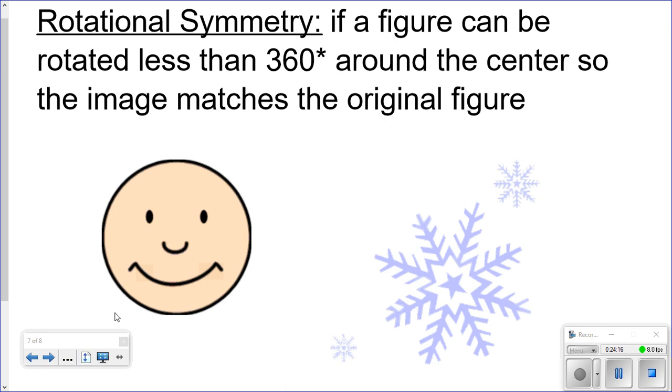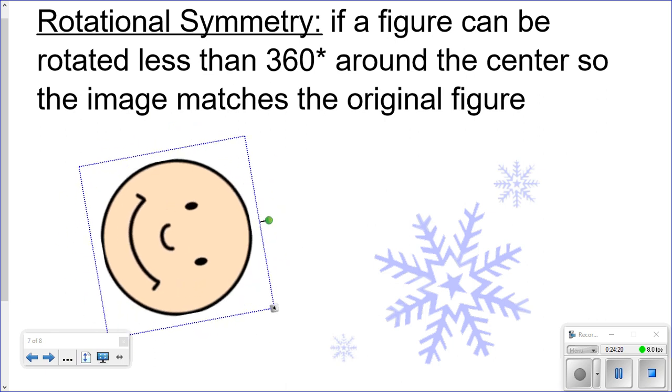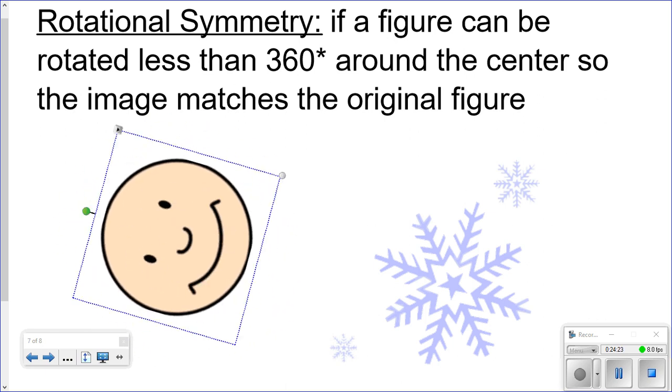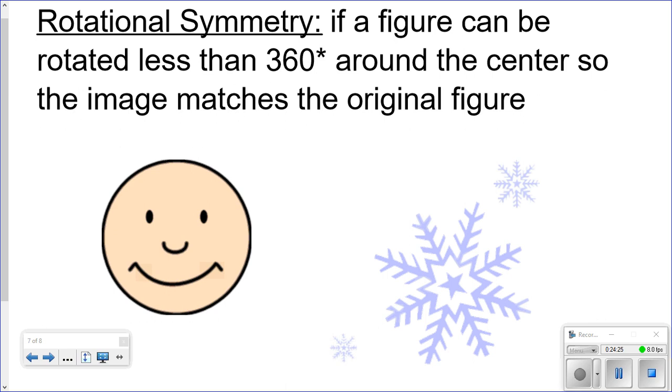Let me show you why. I can turn this thing, and it doesn't ever look like a smiley face again until I turn it back to 360 degrees. So this does not happen. It has to look like the same thing before you get to 360 degrees.